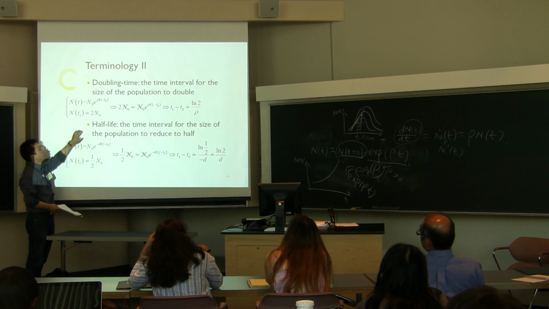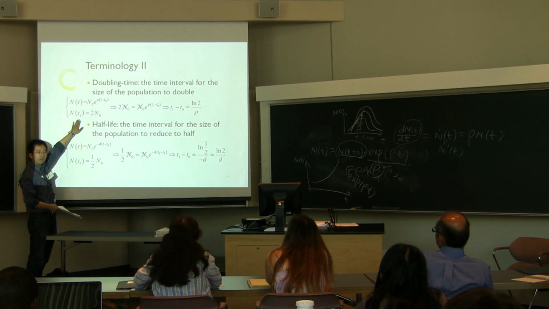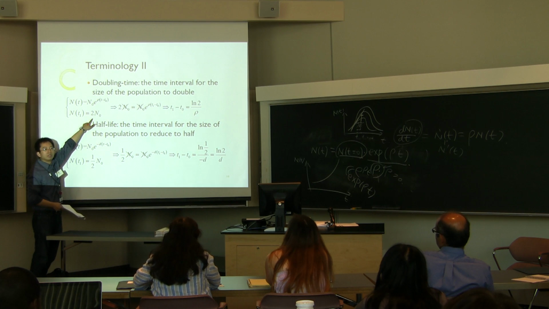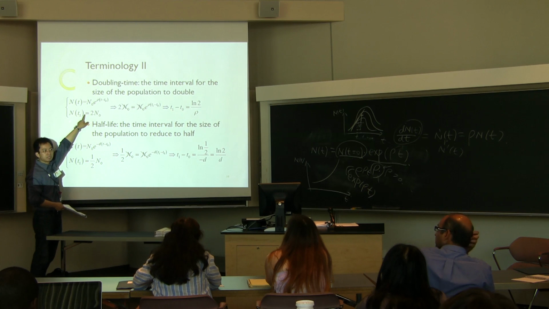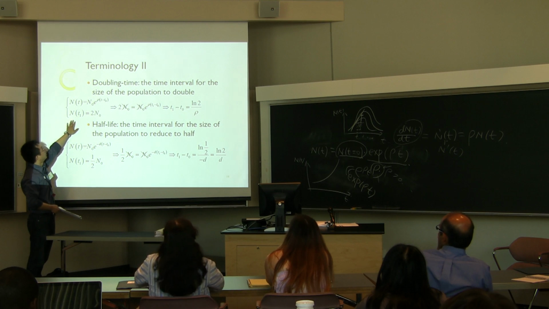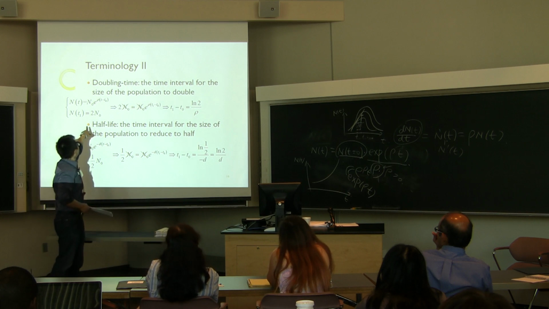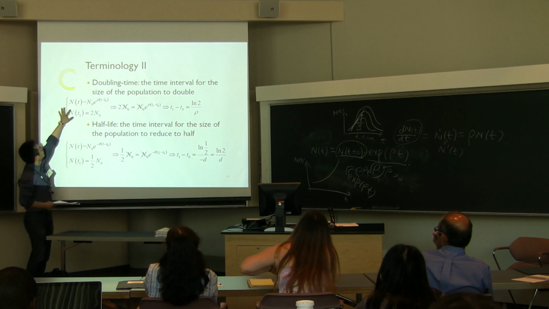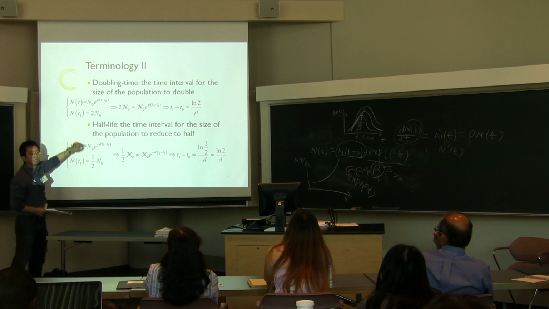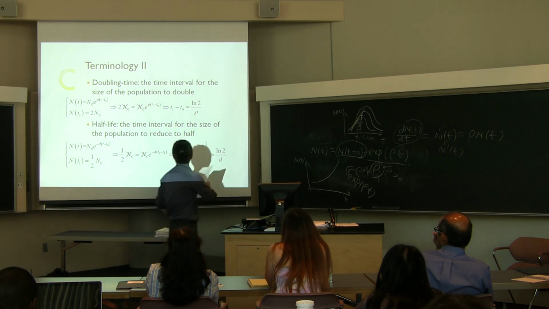Now we want, after some time interval, to let T0 be the starting point, and after a certain time point, T1, the size doubled, becoming 2 multiplied by N0, where N0 is our initial size of population. After some calculation, you plug the solution into the left-hand side, and that's what you get here.